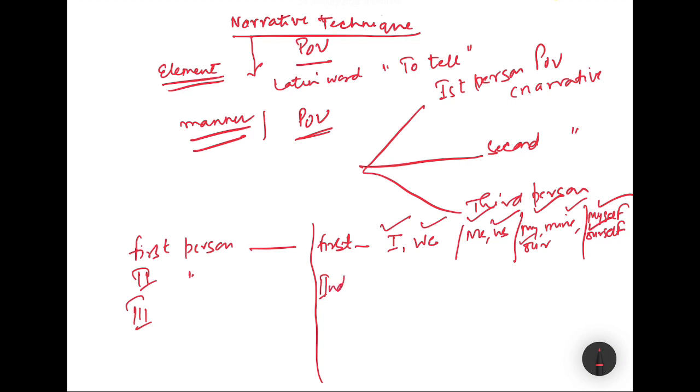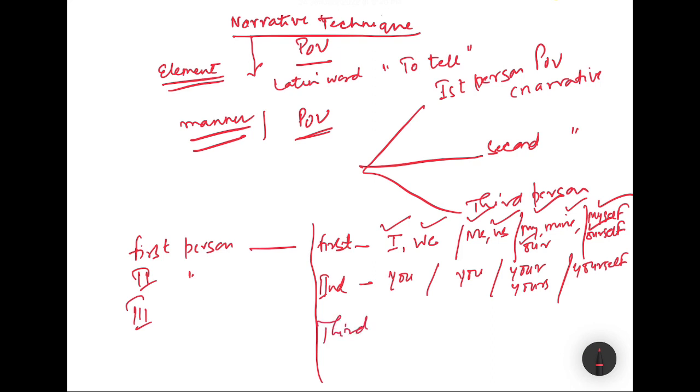And if we have second person point of view, in the case of subjective, you will have you, objective you, possessive your, yours, or reflexive yourself or yourselves. You will have the use of these pronouns.